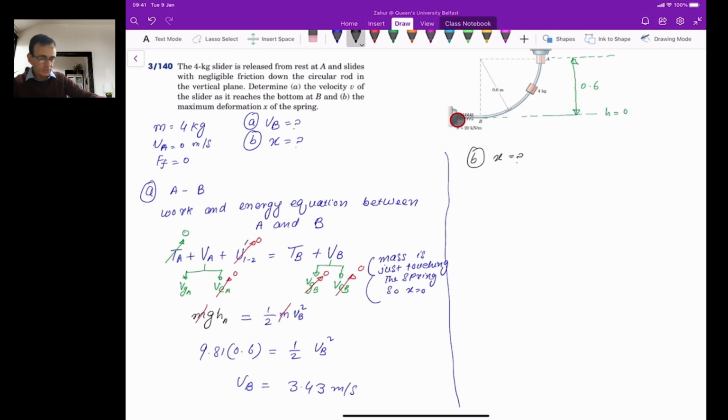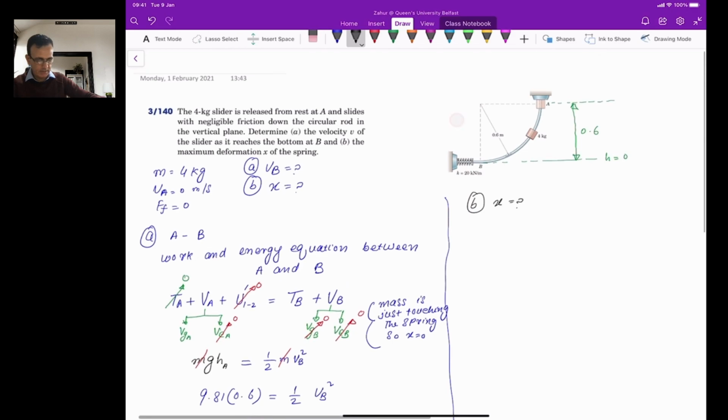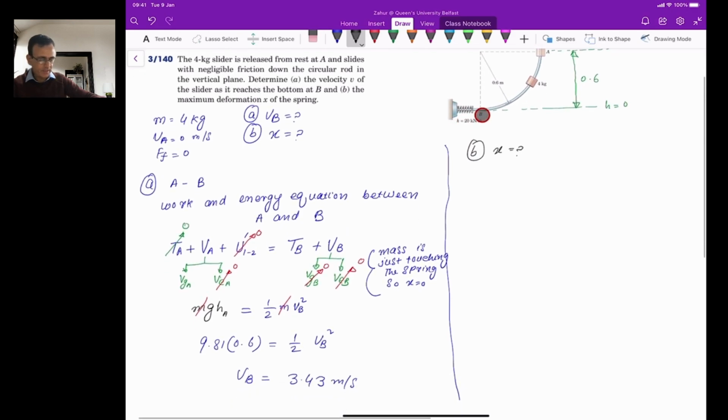To calculate that maximum compression in the spring, we will again apply the work and energy principle between B and then the maximum compression. When the spring compresses through maximum displacement, the mass will stop, so the final velocity will be zero.